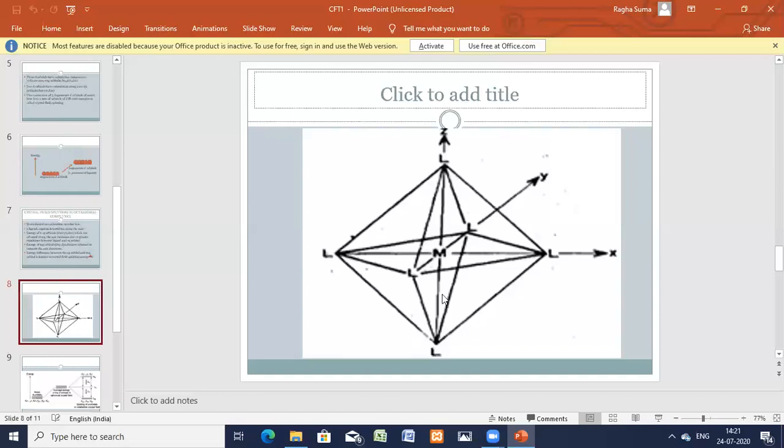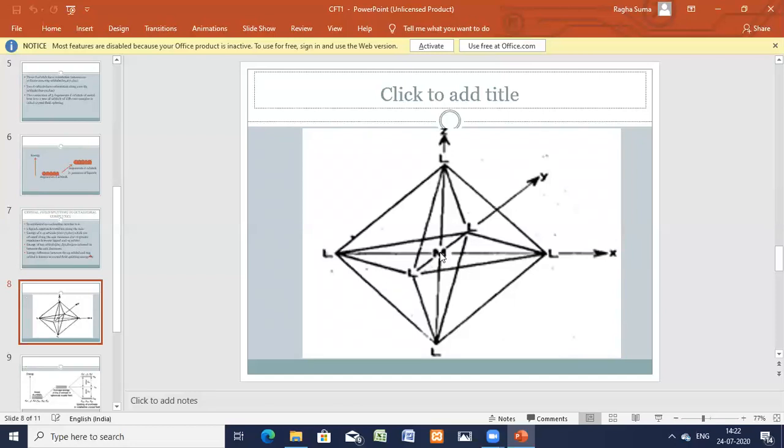Here x coordinate axis, y coordinate axis, z coordinate axis. Four around, one up, one down: 5 and 6. Six ligands. In the central metal atom you are having d orbitals, degenerate.